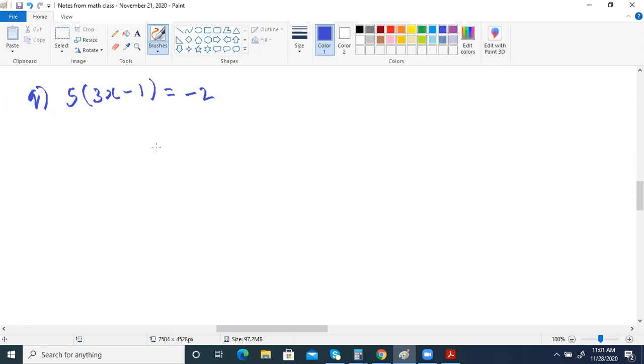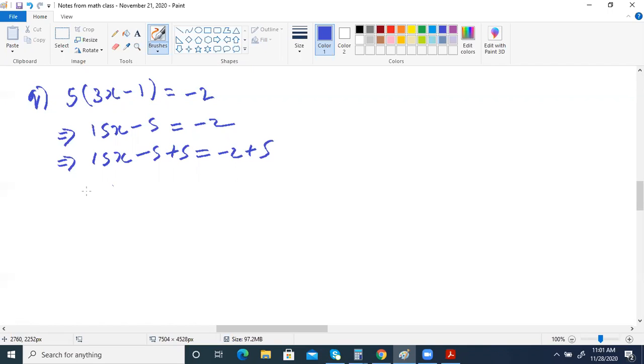So you're going to say 5 times 3x equals 15x minus 5 equals 2 minus 2. Then you're going to add 5 to each side. And then you're left with 15x equals 3.